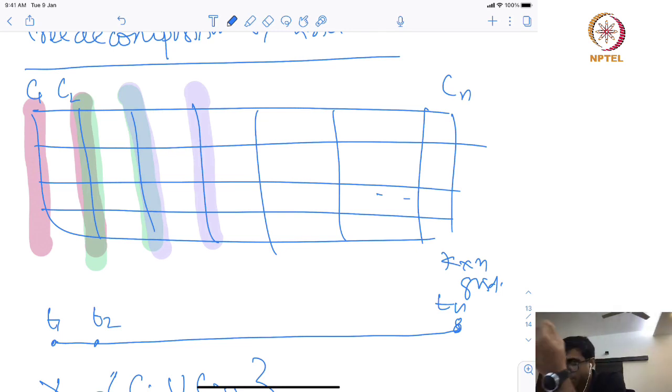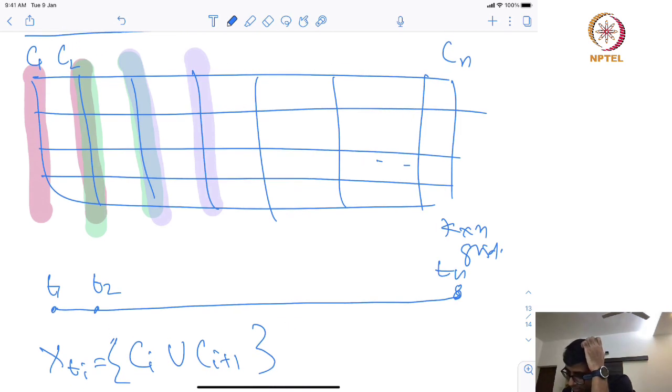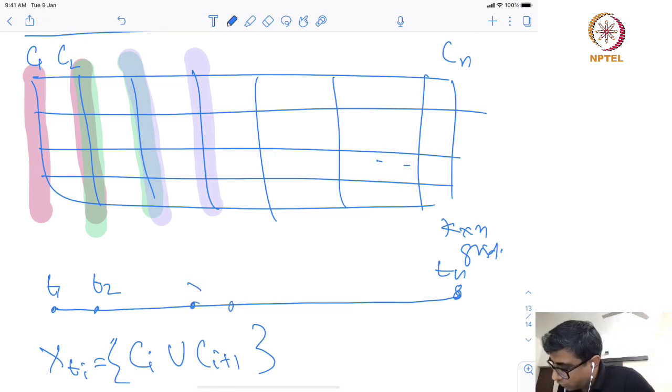And what about a vertex? It appears in only two bags. Suppose a vertex appears in column i, then this vertex is going to appear in the nodes corresponding to T(i minus 1) and Ti itself. So, basically every vertex appears on two consecutive nodes on my path, and hence their bags constitute a connected subtree. So, this is done.